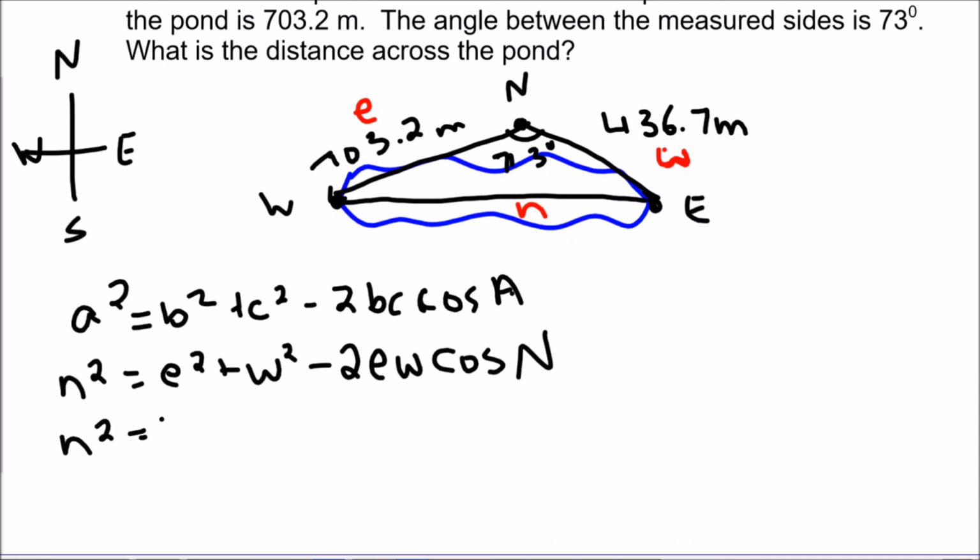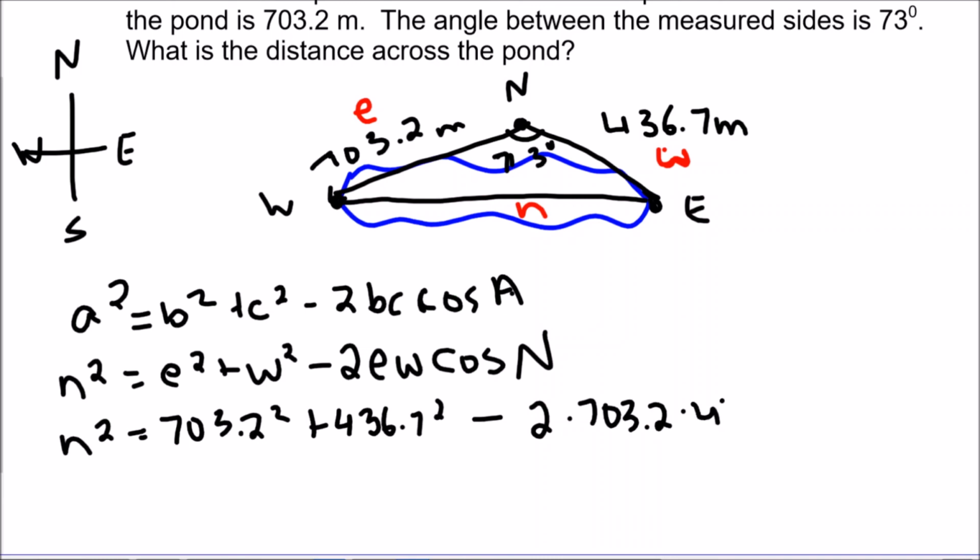I know 703.2 squared and 436.7 squared minus 2 times 703.2 times 436.7 times cosine of 73.